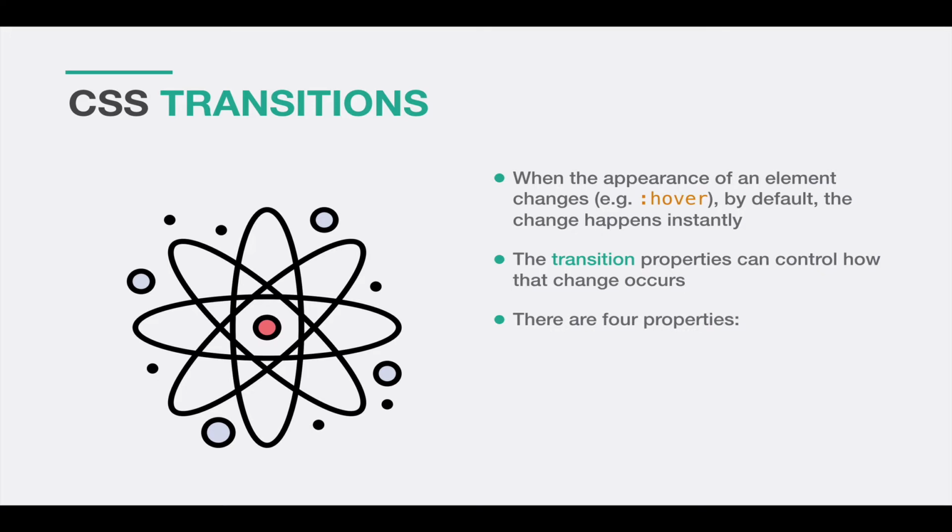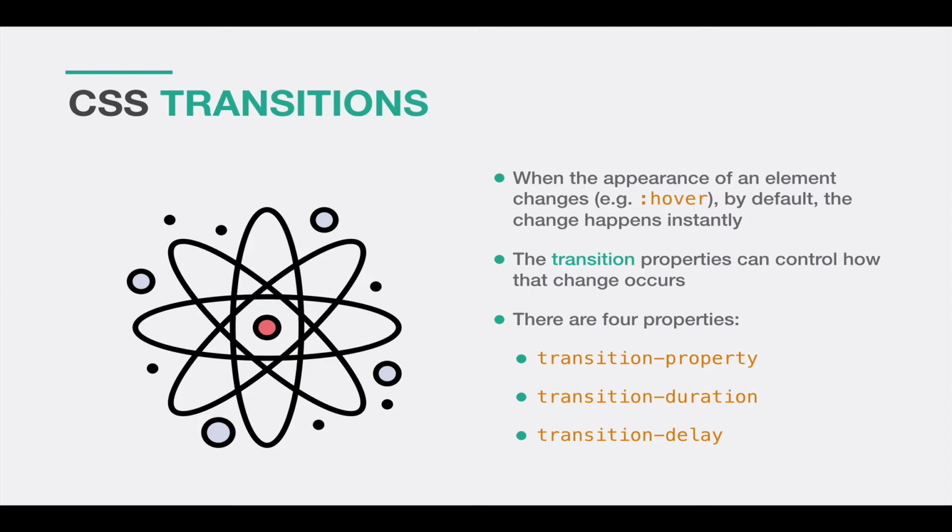All right, so there are four transition properties we use, and they are transition-property, which is the CSS property to transition. You can specify which one or ones you want to transition. You have transition-duration. That's how long it takes to transition from one state to the other. We have transition-delay.